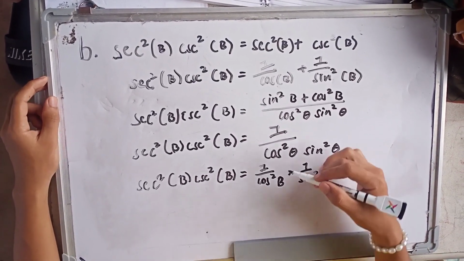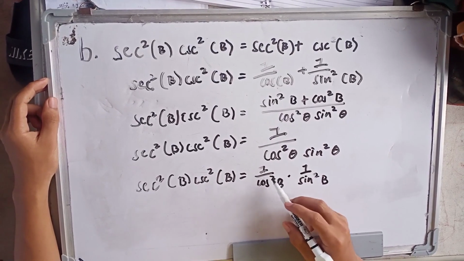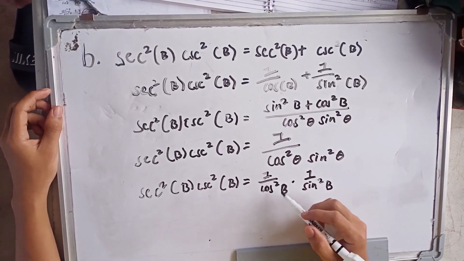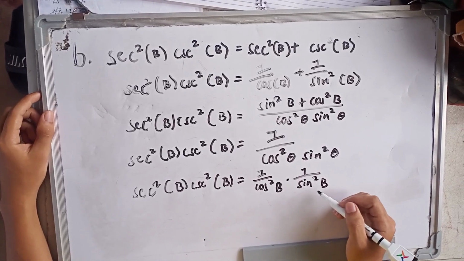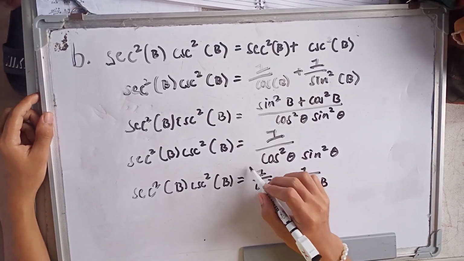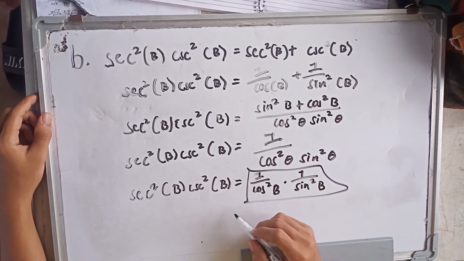After this, we have two fractions, 1 over cosine squared theta and 1 over sine squared theta. So we have to get the reciprocal of this equation.